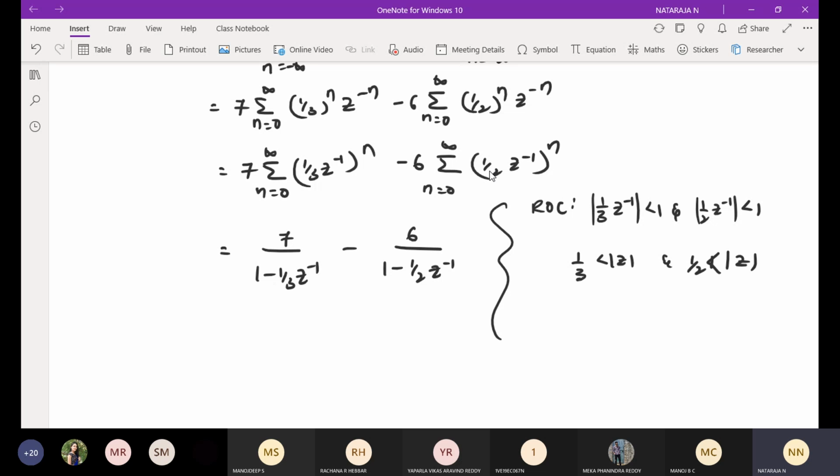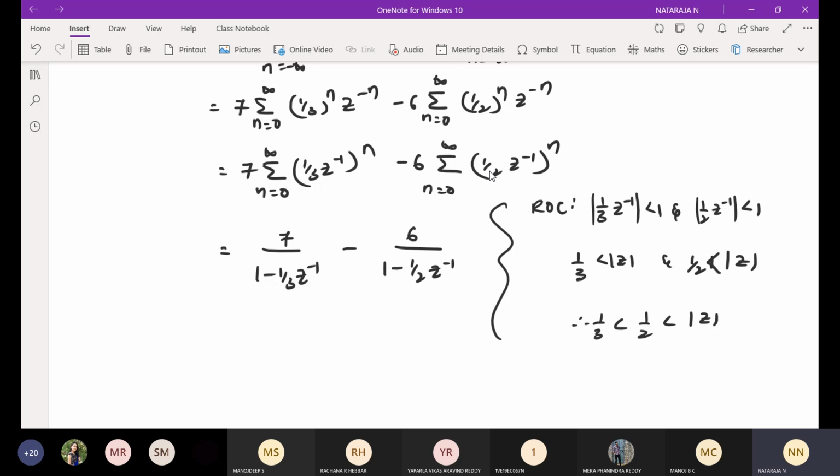Then your ROC, magnitude of z will vary from 1/2 to 1/3, like that you are going to get. No, not like that. Both are less than magnitude of z. 1/2 comes after 1/3, z must satisfy both conditions. The final condition therefore is 1/3 less than 1/2 less than magnitude of z. This is the condition I am going to get here.